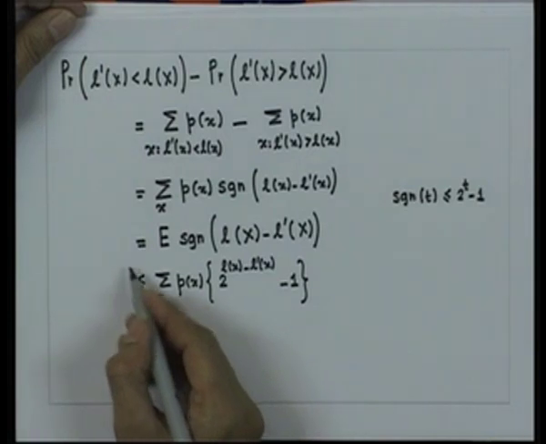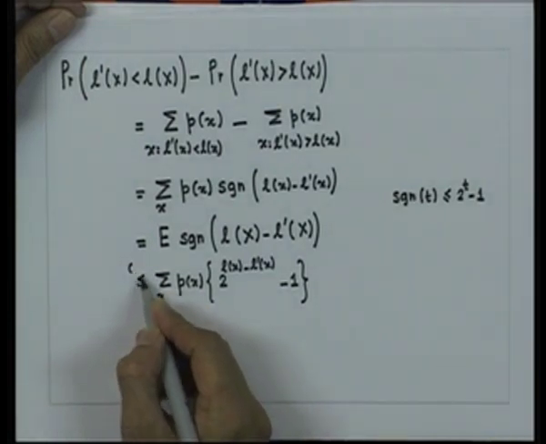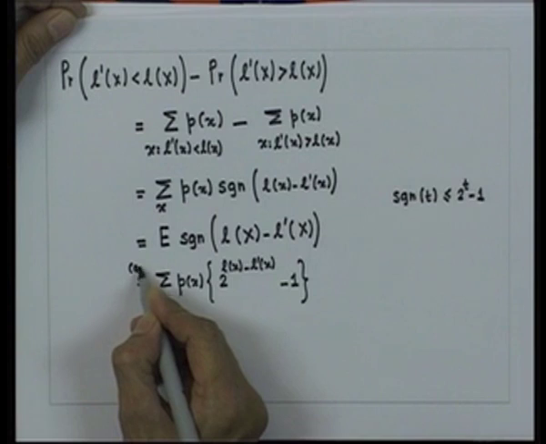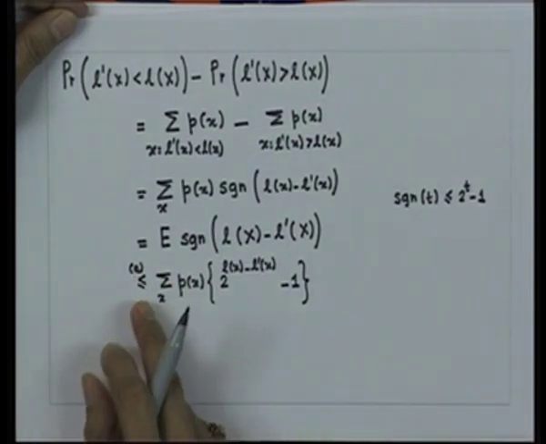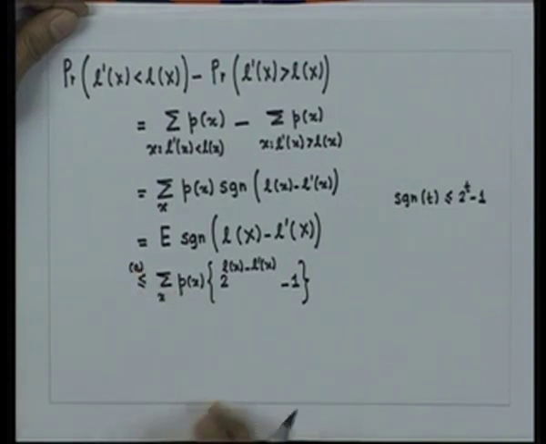So, let me just denote this relationship here by A. We will come back to this a little later on. So, I denote the step here by A.